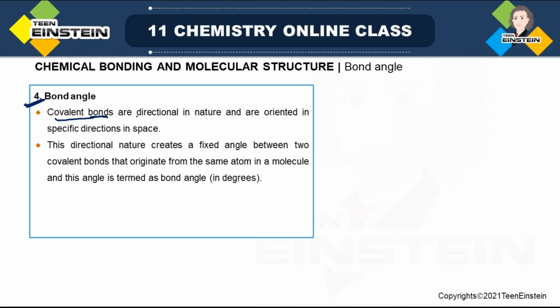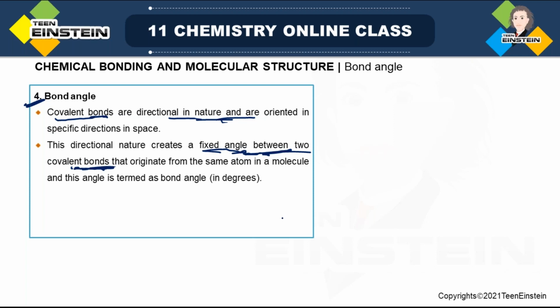We know that covalent bonds are directional in nature, and directional nature means there will be a specific orientation in 3 dimensions, a specific direction in space. Because of this directional nature of the bonds, there will be a fixed angle present between 2 covalent bonds.